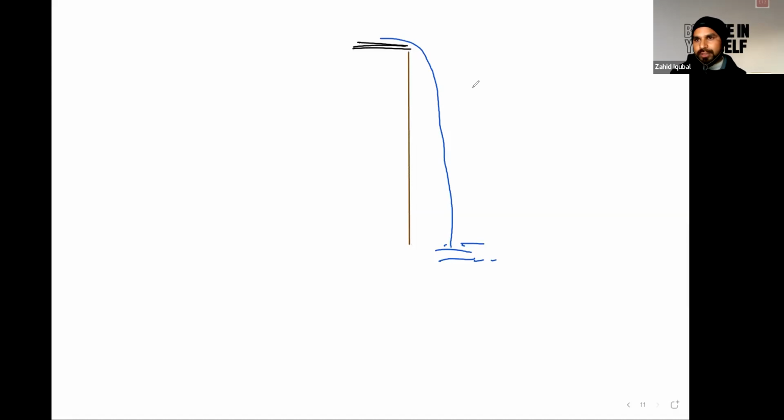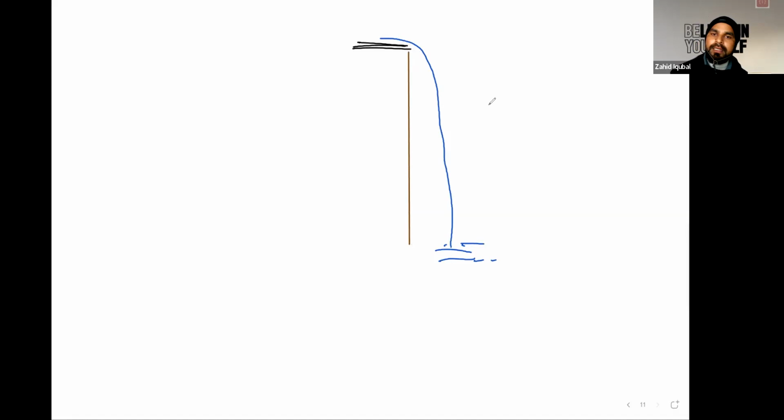Suppose in a waterfall, water is falling from some height, up to this part. On falling from this point to this point, due to this change in height, there will be a change in its gravitational potential energy. So at this height, water will have higher gravitational potential energy. On falling down, gravitational potential energy decreases.